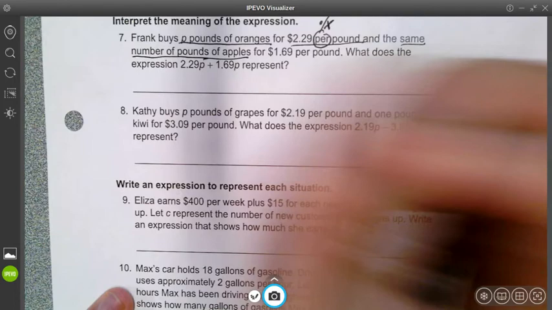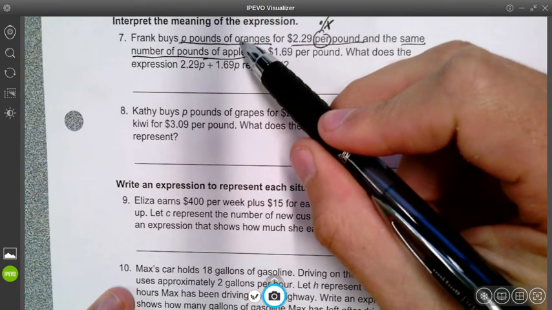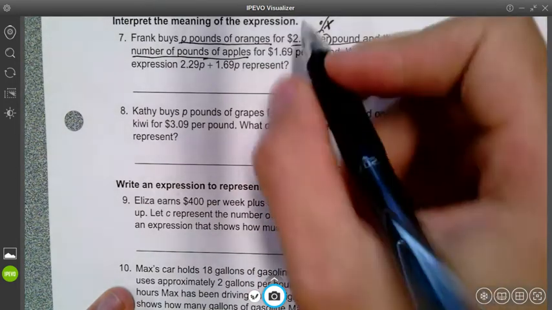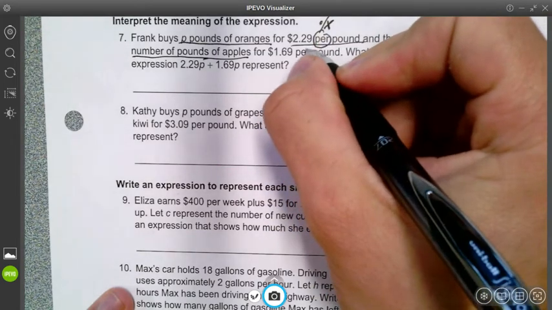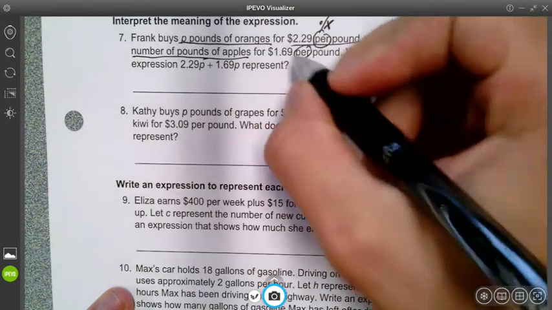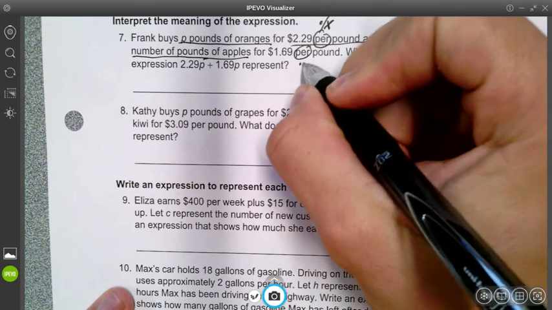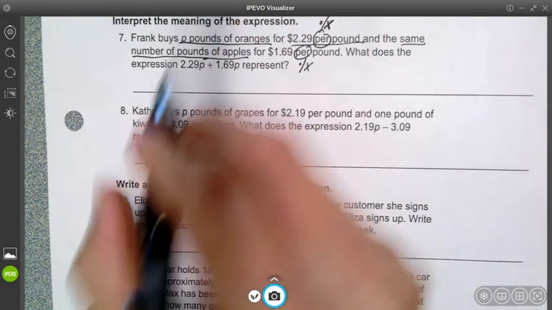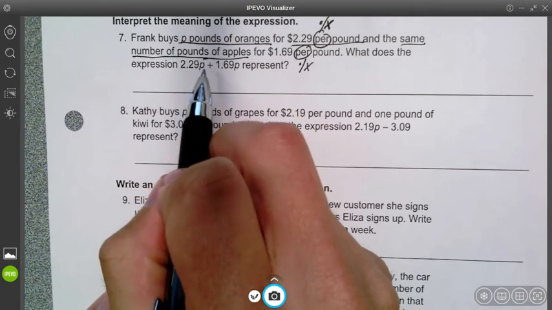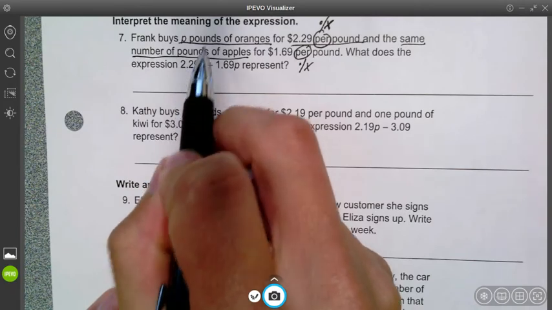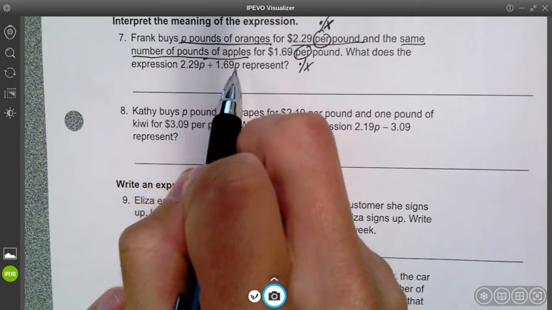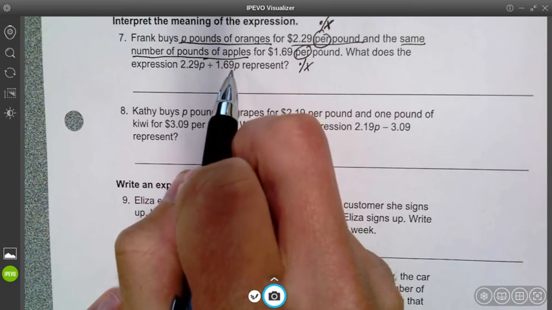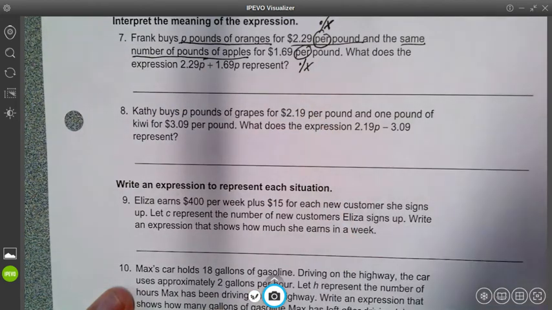So P actually represents the pounds of oranges and also the pounds of apples, but apples only cost $1.69 a pound. So again, I see per pound is multiplication. So I see I have $2.29 times the number of pounds of oranges and $1.69 times the number of pounds of apples.